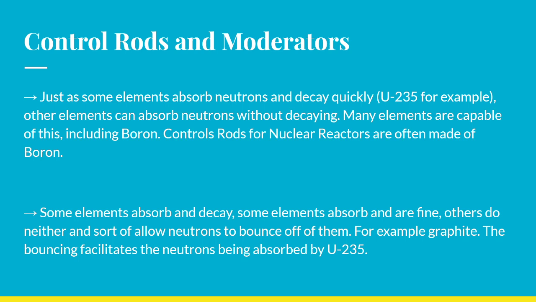An example of this is graphite. This facilitates and redirects the neutrons so that they can be absorbed by uranium. And so a moderator can increase reactivity. It can increase the amount of fission happening, in contrast to the control rod.